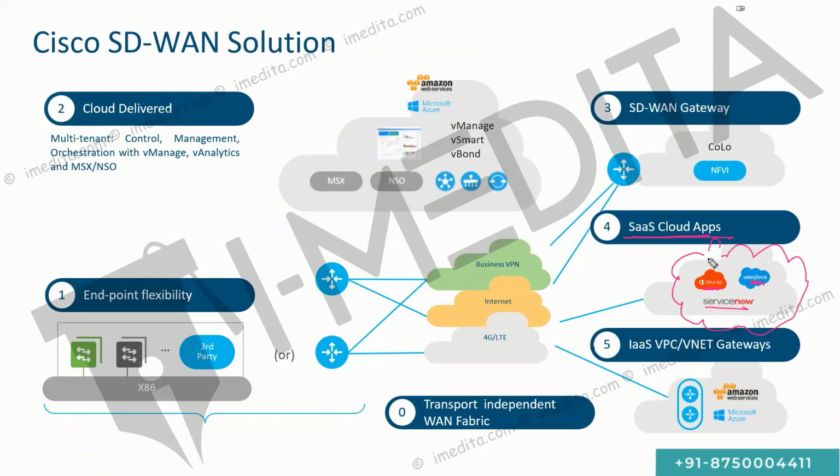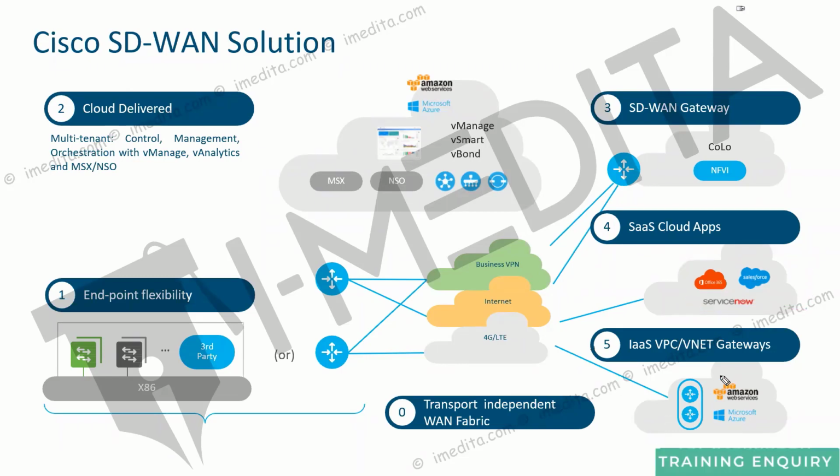And we can extend the capability of Cisco SD-WAN to the cloud with the help of the cloud on-ramp for software as a service feature. This feature allows us to improve the user experience for cloud delivered applications such as Office 365, Salesforce, and everything.